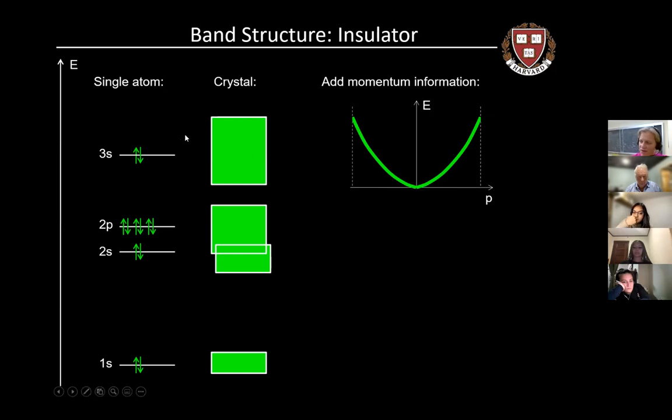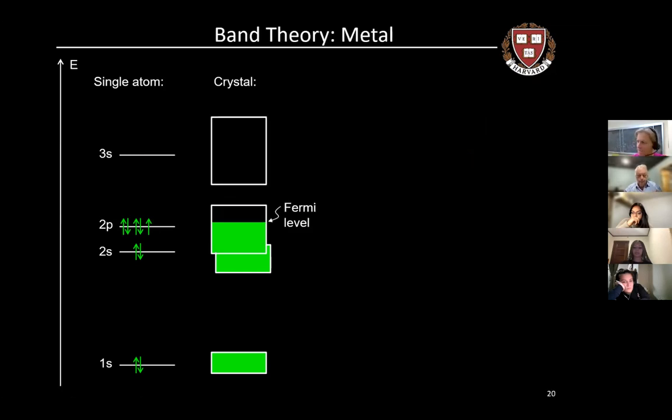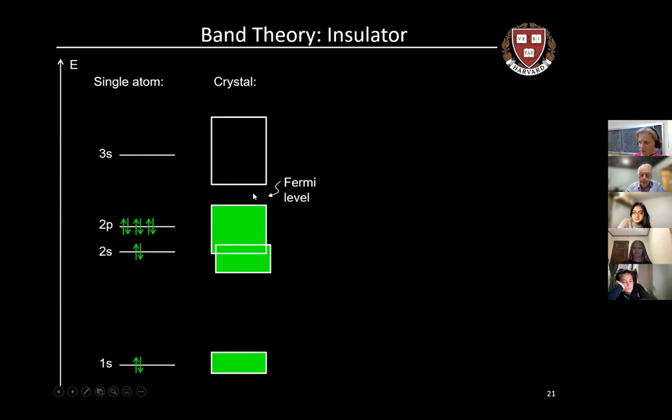So just by understanding the band structure of the material and the filling, we can understand whether a material is a metal or an insulator. Okay, now some vocabulary. We call the highest filled state the Fermi level. So if the Fermi level lies within a band, it's a metal. If the Fermi level lies between bands, it's an insulator.